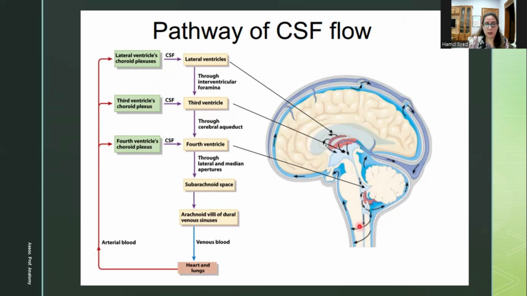You can see over here, the circulation of CSF is then through the subarachnoid space, and then it is going to be drained through the arachnoid villi of the dural venous sinuses into the venous blood. And from here, as it has entered the blood, it goes into the rest of the circulation. So this is the pathway of flow of cerebrospinal fluid.